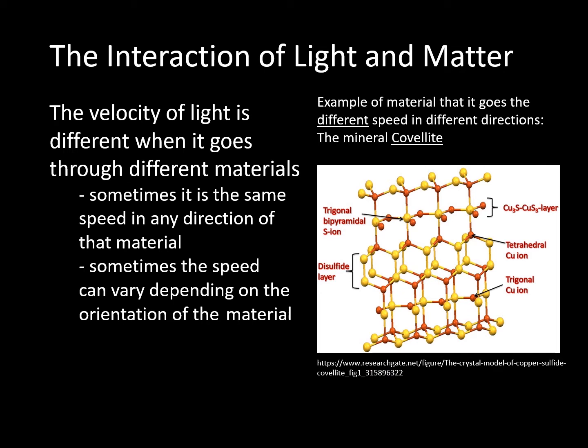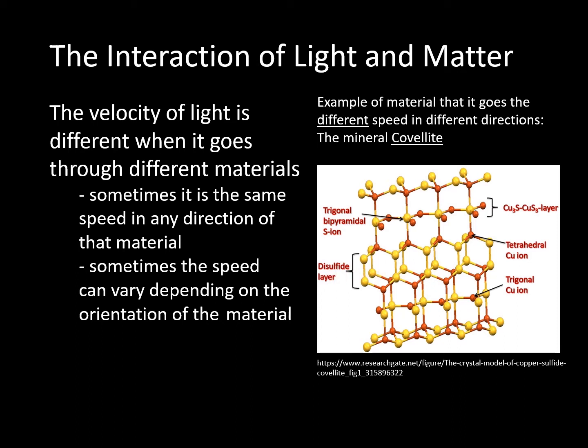Now, an example of one where the speed at which the light travels is different is the mineral covellite, and this is because you can see that if you go in this direction, it's going to be hitting different atoms than if we go in this direction. So depending on the angle at which the light is impacting it, it's going to interact with the material differently, like in this layer here.